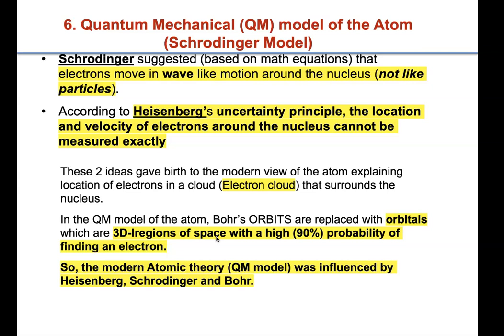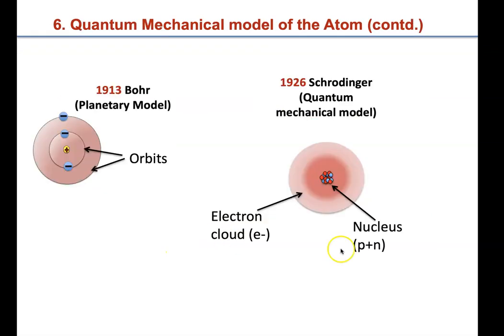So the quantum mechanical model is influenced by Heisenberg, Schrodinger, and Bohr. And so here's the quantum mechanical model. Contrast it with the Bohr model, the planetary model, where electrons move like particles, but here they move like waves and particles.